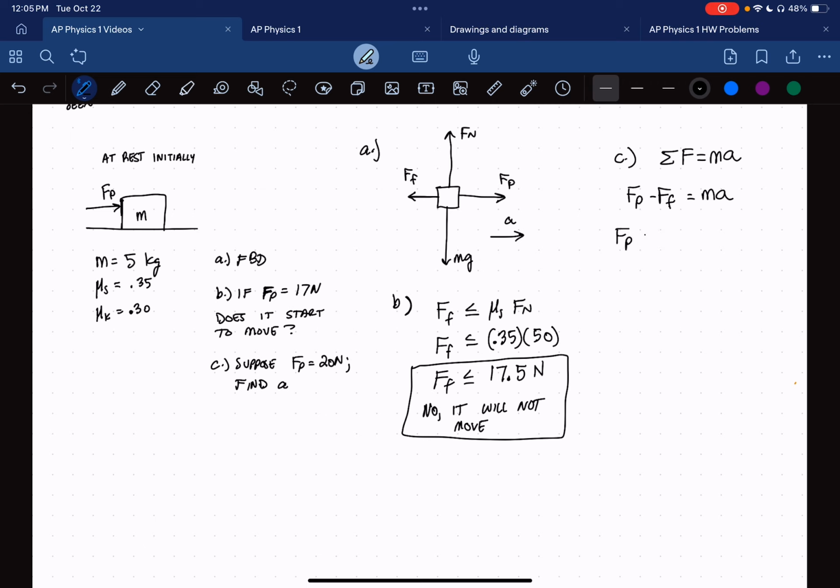That's your pushing force minus, once it's slipping, this is kinetic friction. So all we did over here doesn't mean anything anymore in part C. We're going to substitute the kinetic friction, mu sub k times Fn equals ma. And so mu sub k times mg is equal to ma.